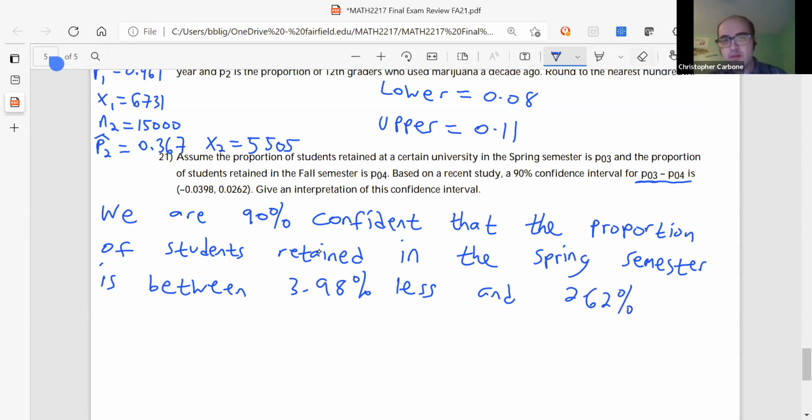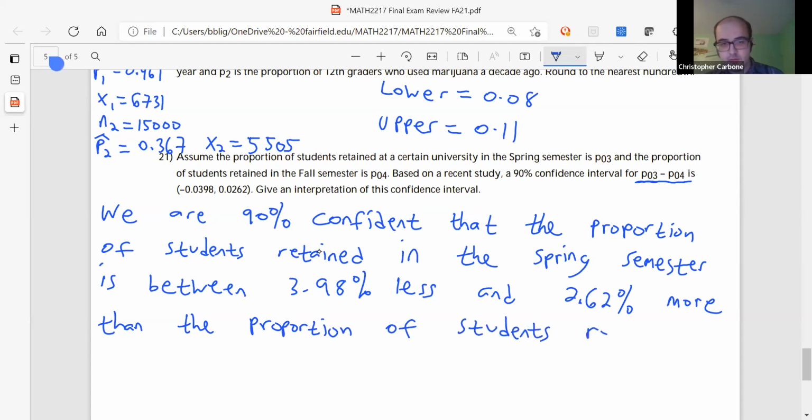Let me write my decimal to be more legible. 2.62% more, which is based on that positive value that we have, than the proportion of students retained in the fall semester, which is that p4 in our confidence interval.